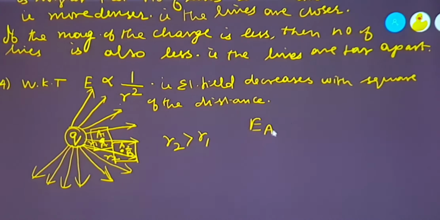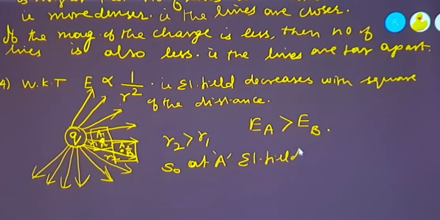Electrical field at A will be greater than electrical field at the point B. So, what is the conclusion? At area A, the electrical field has a greater magnitude.